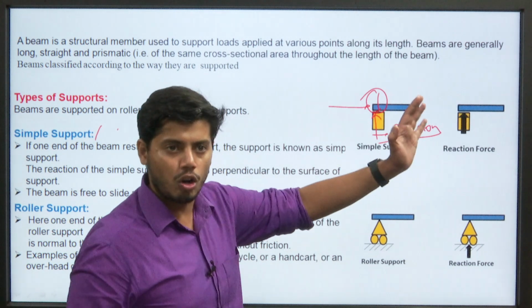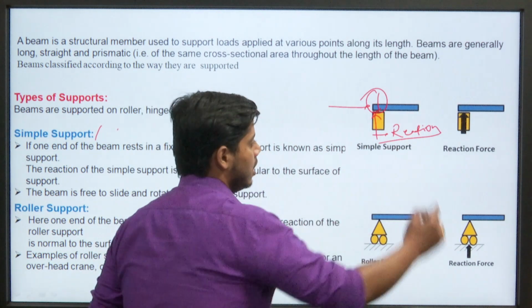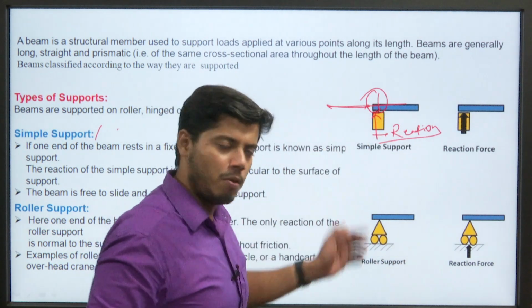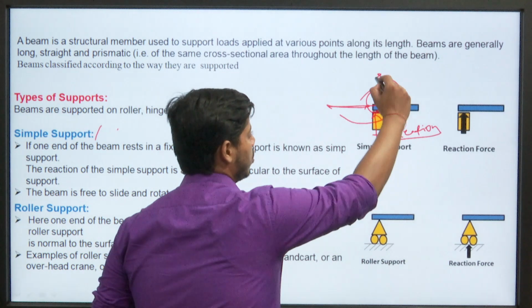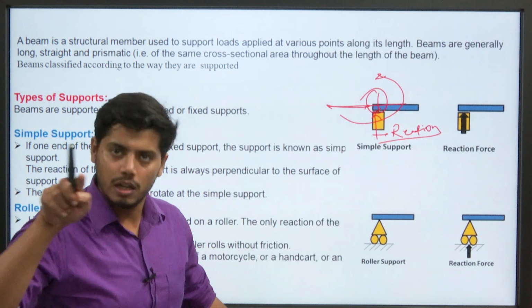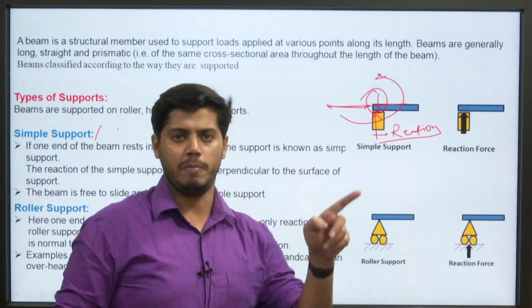Because there is no reaction along the horizontal, if we apply some horizontal force, the beam will slide, or if we apply some moment, the beam will easily rotate. So there is no reaction or resistance against sliding or rotation of the beam.